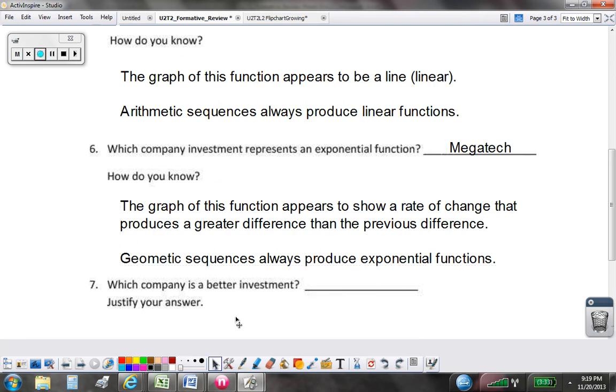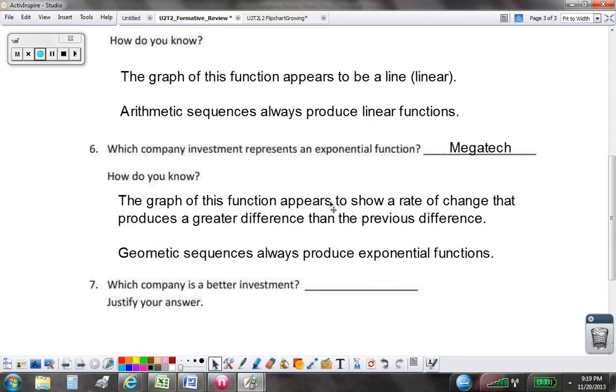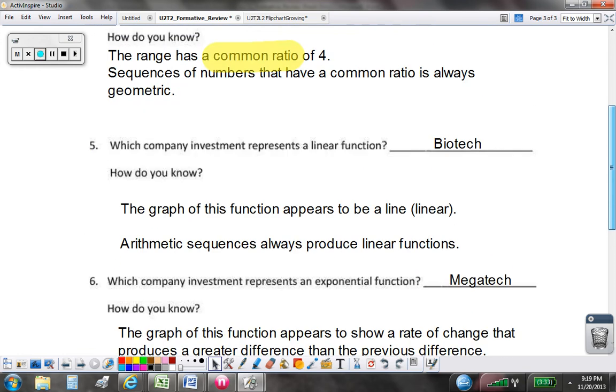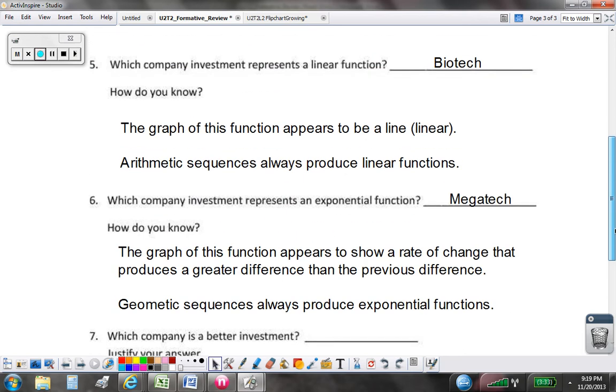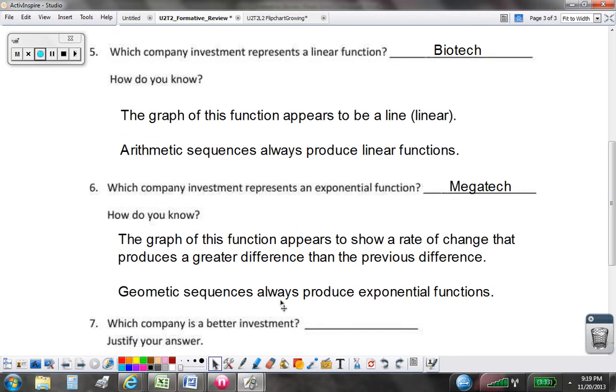Might change that. Let me just put something down right now. The graph of this function appears to show a rate of change that produces a greater difference than the previous difference.